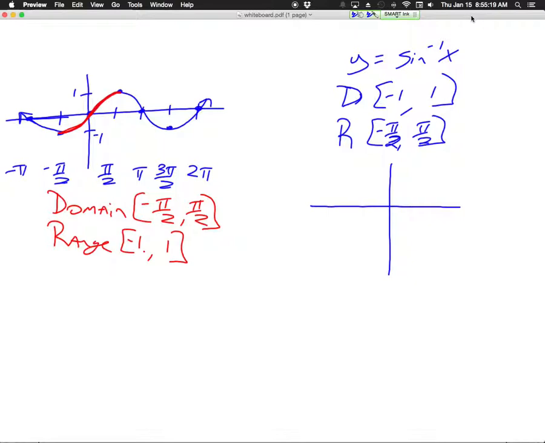So I need -1 and I need 1. What values need to be on the y-axis? Negative pi over 2 to pi over 2.